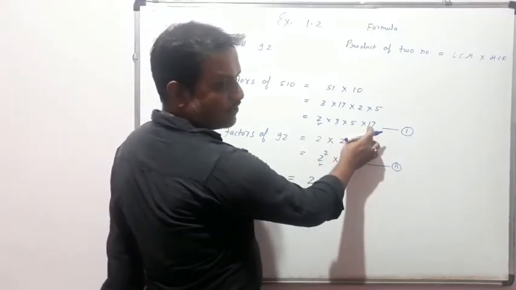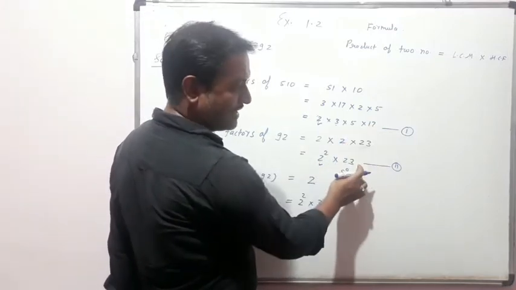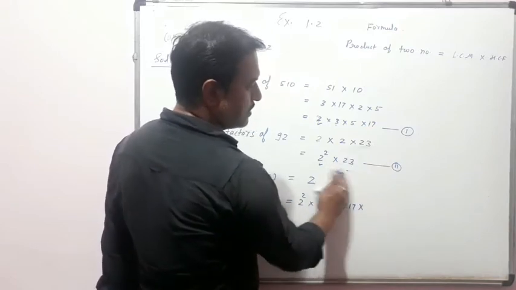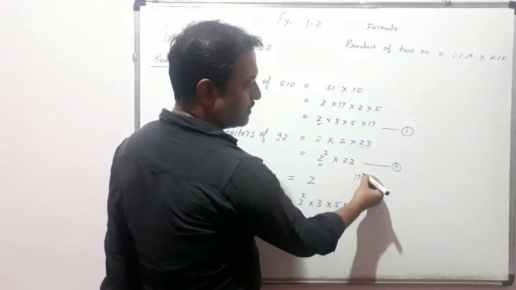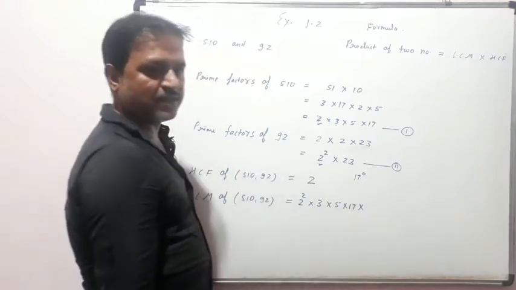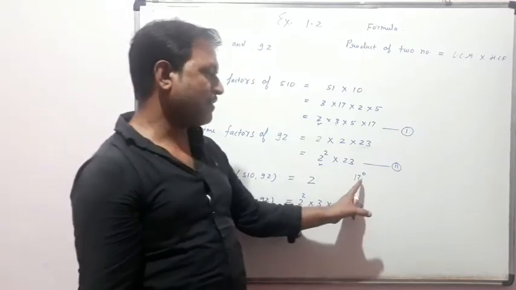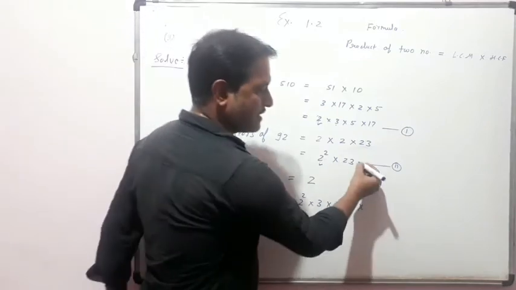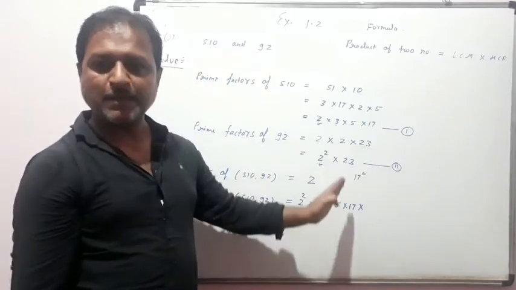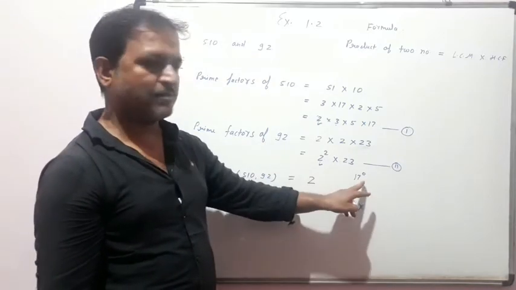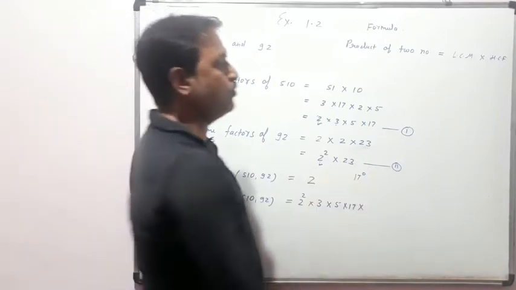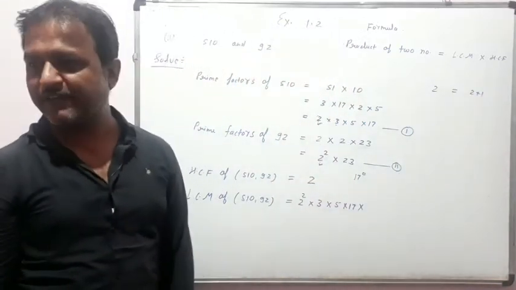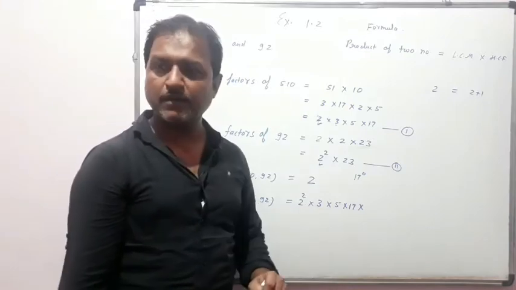Similarly 17 is there in one but not in the other. So we take 17, because we can assume that 17 to the power 0 is there. Any number to the power 0 means 1, and 1 multiplied with any number gives the same number. 2 can be written as 2 into 1, 5 as 5 into 1, 10 as 10 into 1.